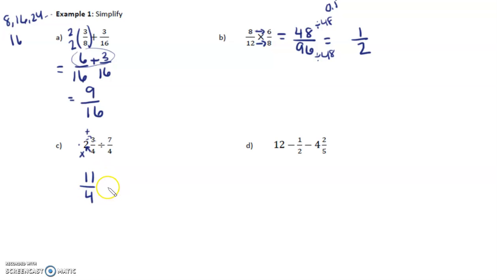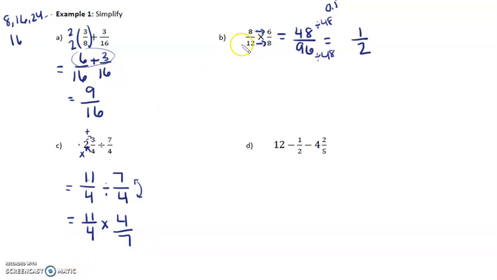So we get 11 over 4, divided by 7 over 4. From our chart at the top, we know that we can't divide fractions. We're going to multiply by the reciprocal. So we'll copy down the 11 over 4, but instead of dividing, we're going to multiply, and switch this to the reciprocal, 4 over 7.